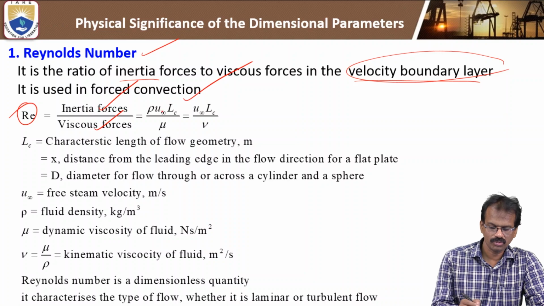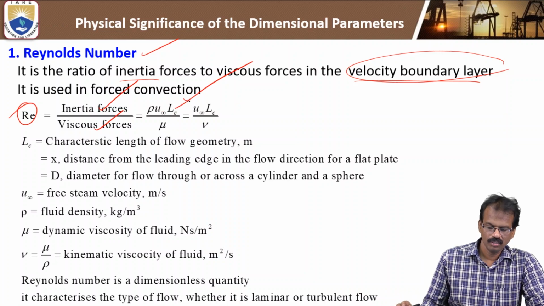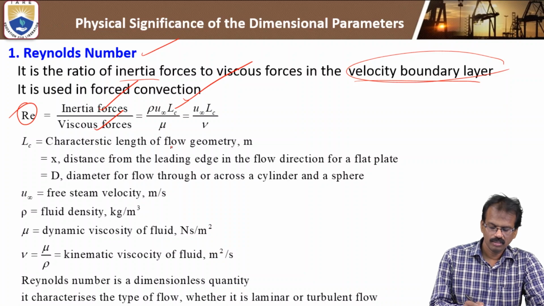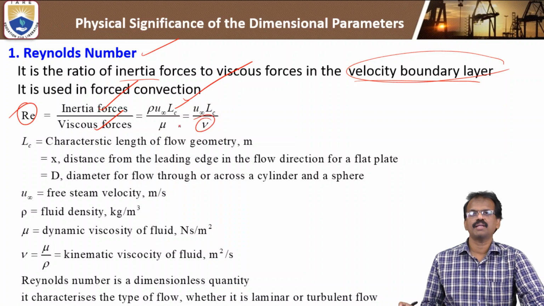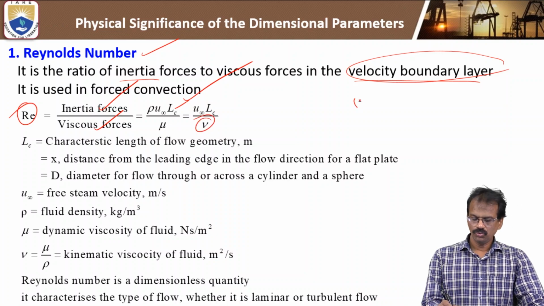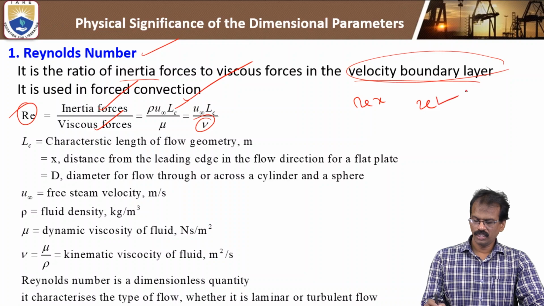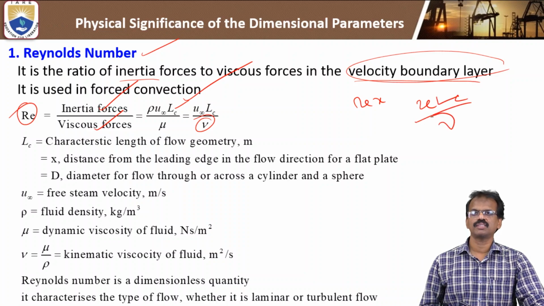Inertia force is rho times u times Lc, the characteristic length, divided by mu. Mu by rho is equal to nu, the kinematic viscosity. So it is u Lc by nu. This is the formula for the Reynolds number.